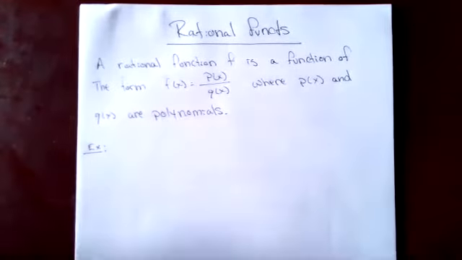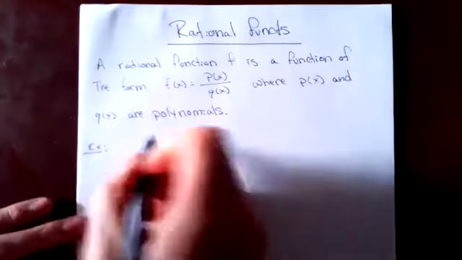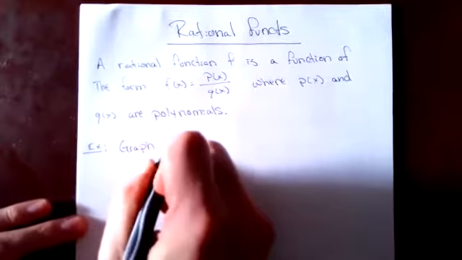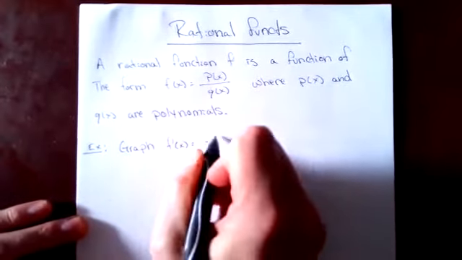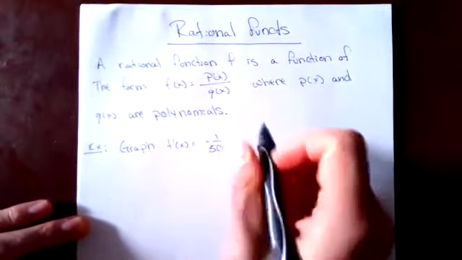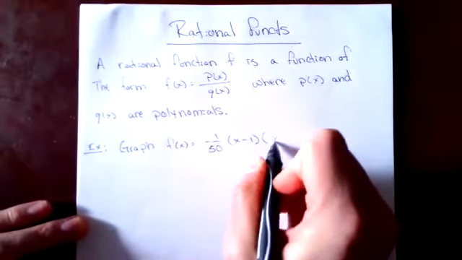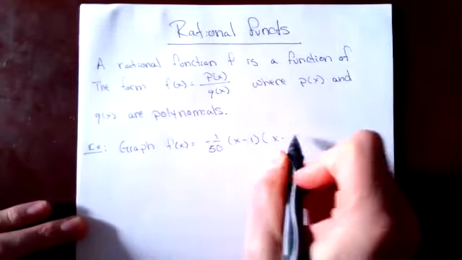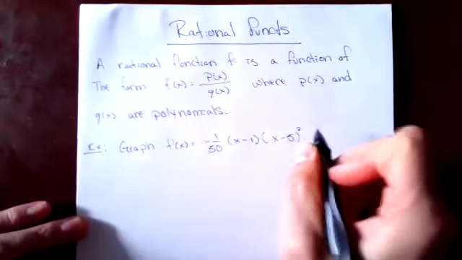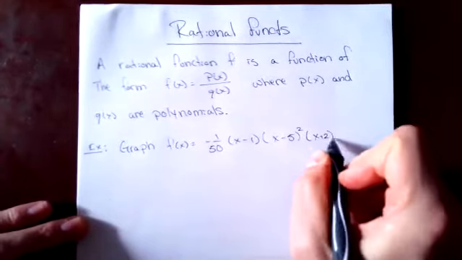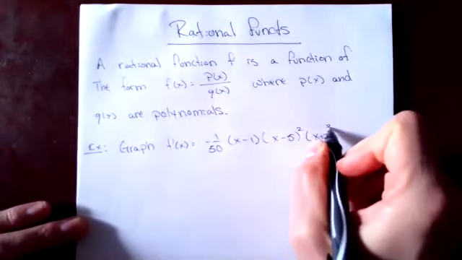Let's just finish up our process and go over that one more time with polynomials. So the example is just graph f of x is negative 1 over 50 times x minus 1 times x minus 5 squared times x plus 2 cubed.